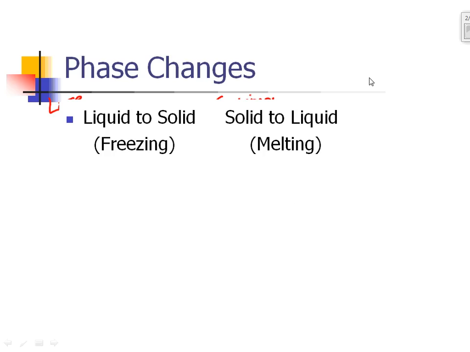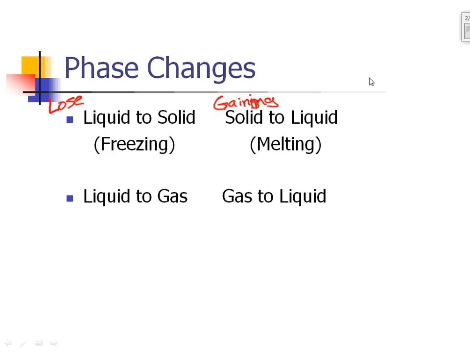So the next type is liquid to gas and gas to liquid. Liquid to a gas, they're getting farther and farther apart. Those molecules are able to move more. They are gaining energy. Whereas gas to liquid, they're losing energy.